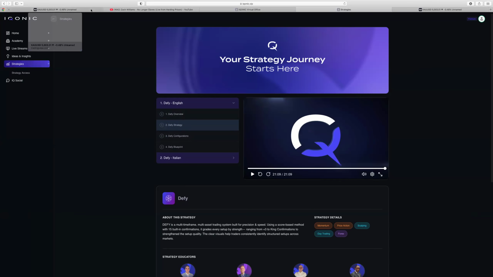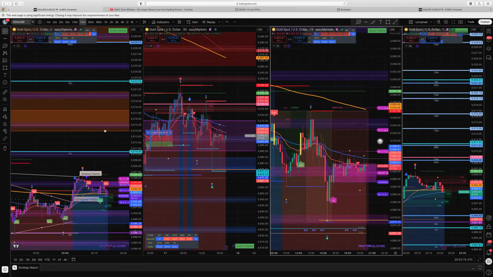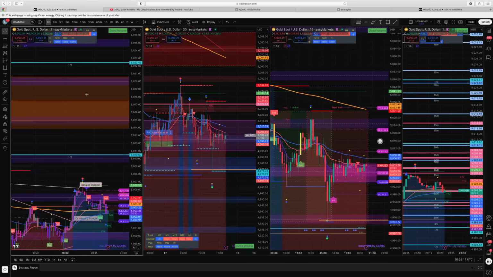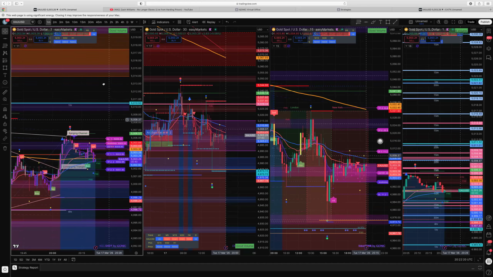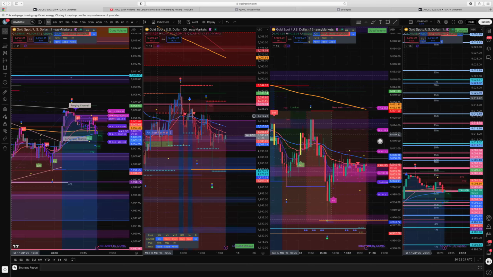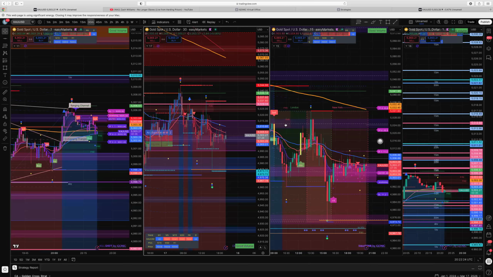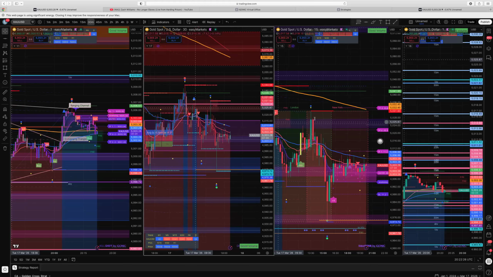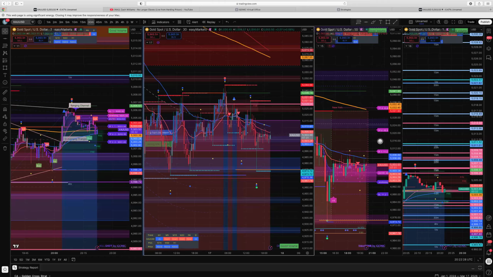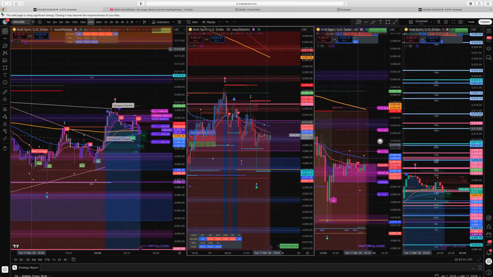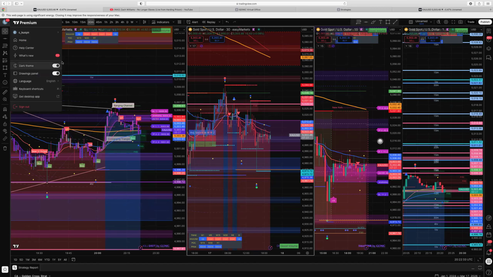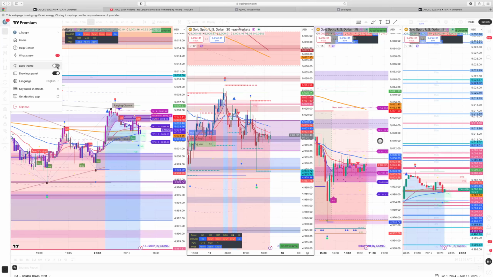But as I was going through it, as I was listening to it, I did just change the color of my chart. Unfortunately, I don't really like to do this, but I did notice one thing. There's a huge difference.